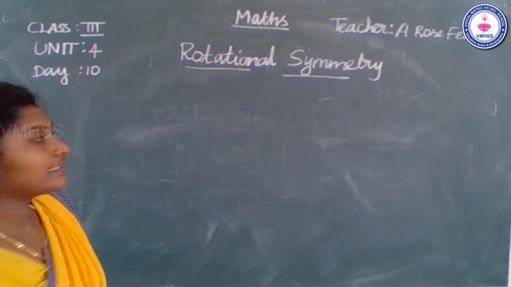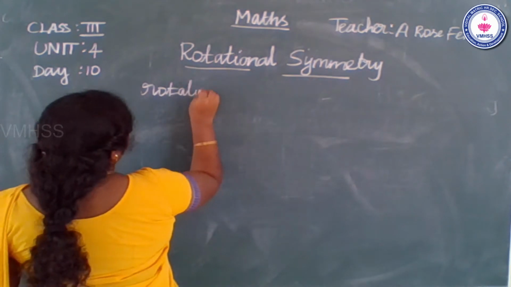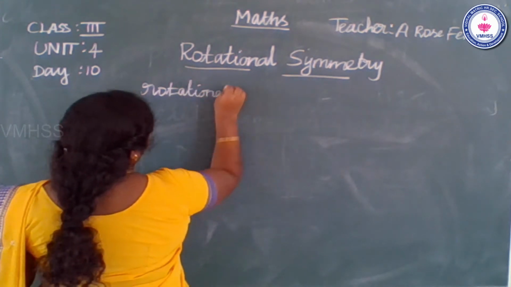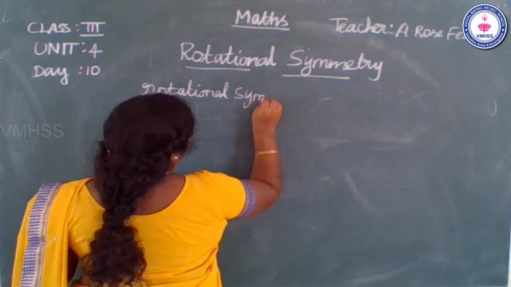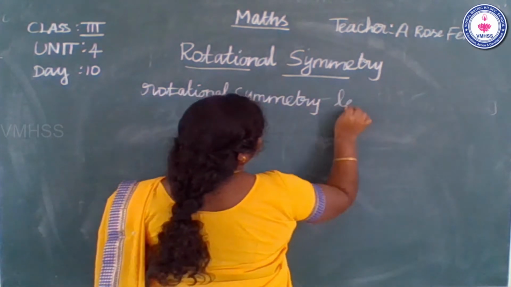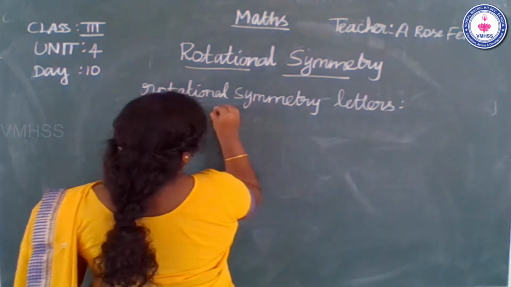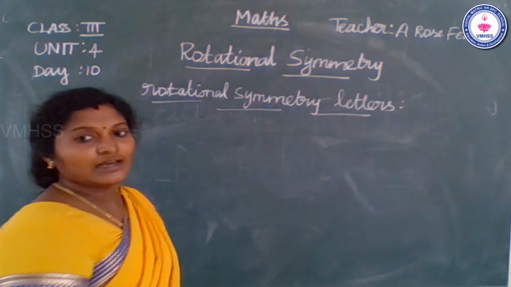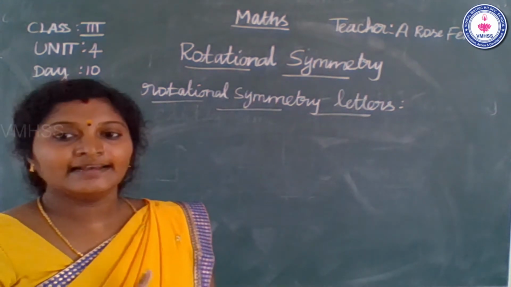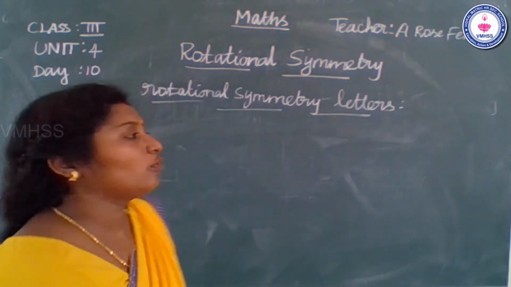Rotational symmetry letters. What are the letters marked? Z, H, S, N and O.